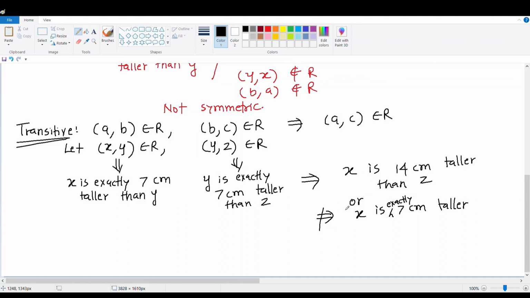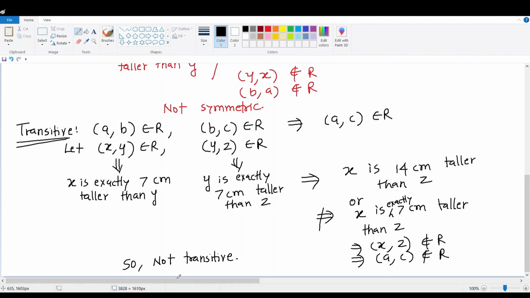That means (x, z) does not belong to R, and that means (a, c) does not belong to R. So it is not transitive.